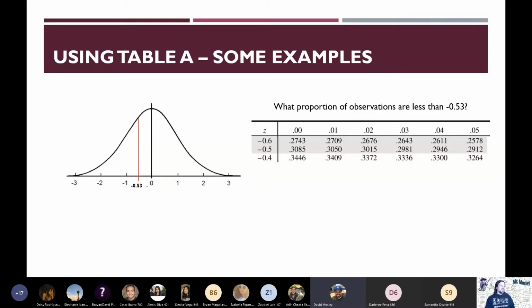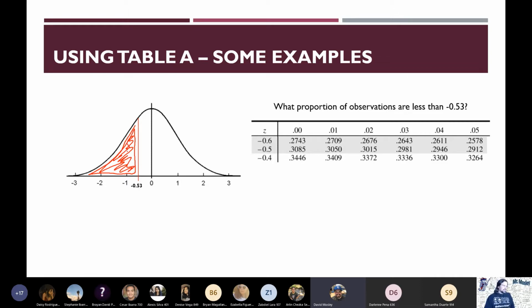We're 0.53 standard deviations to the left of the mean, and the proportion of observations that are less than that is essentially the shaded area right over here. Looking for everything over there.